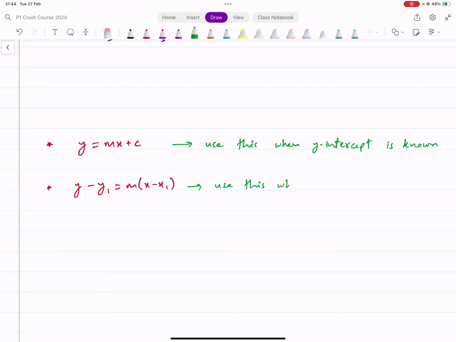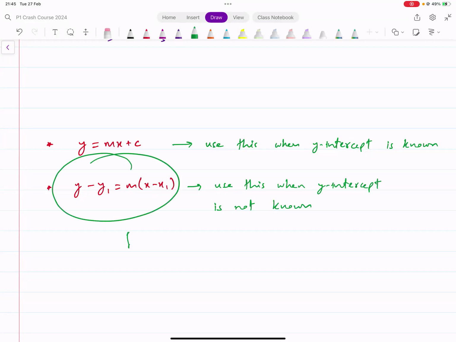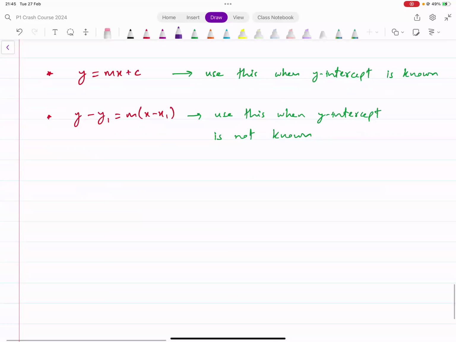You use this when the y-intercept is not known. And that is going to be the more common case as well. In that case, you would be using this form y minus y1 equals m into x minus x1. And this is going to make your working a lot quicker as well. So I would highly recommend that you remember both of these forms.